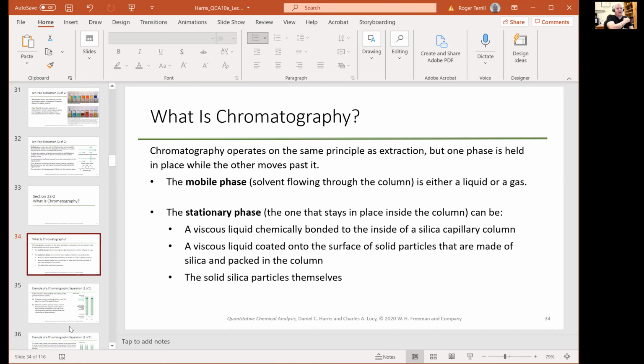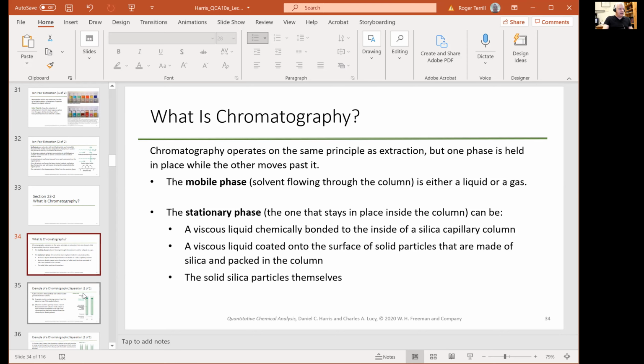And then there's a stationary phase, which is bonded to the column normally, or stays placed inside the column. In this case, a viscous liquid can be bonded to the column, or you could take solid silica particles and coat their surface with this viscous liquid.